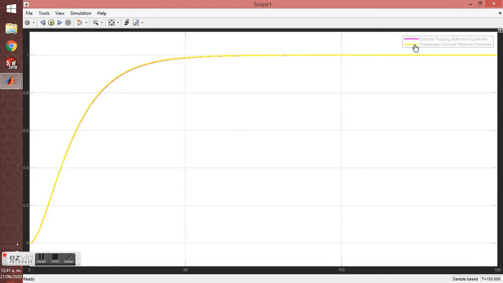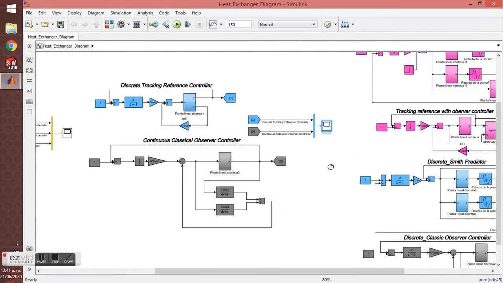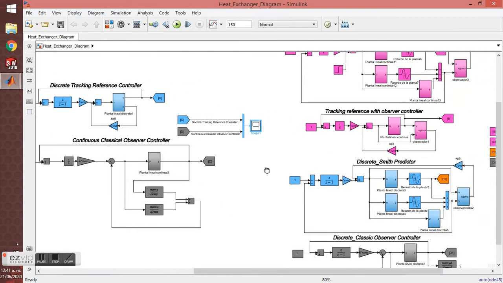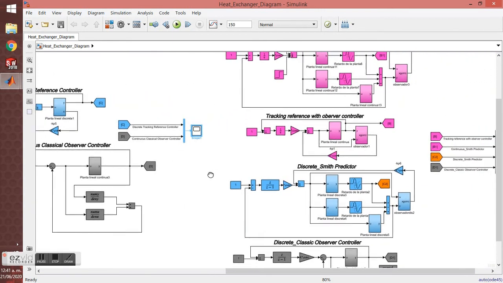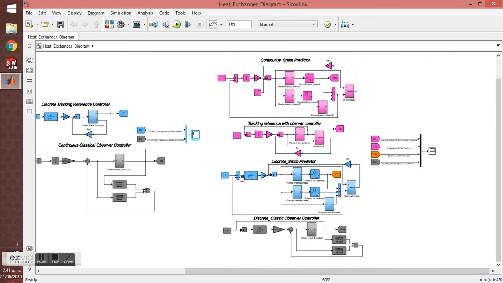Now, the last comparison will be between the discrete time and continuous time Smith predictor, a continuous state observer, and a classical discrete state observer. The graphic response of the previous diagram implemented in Simulink is illustrated here.